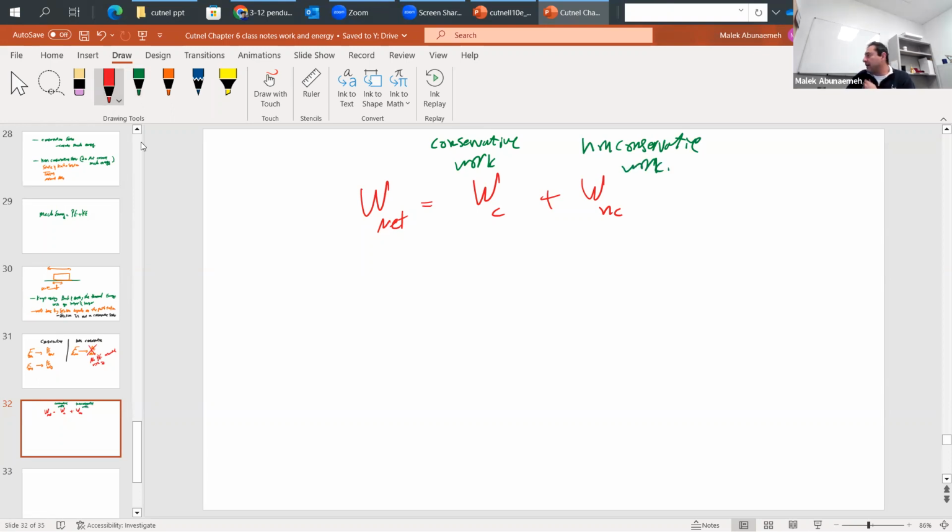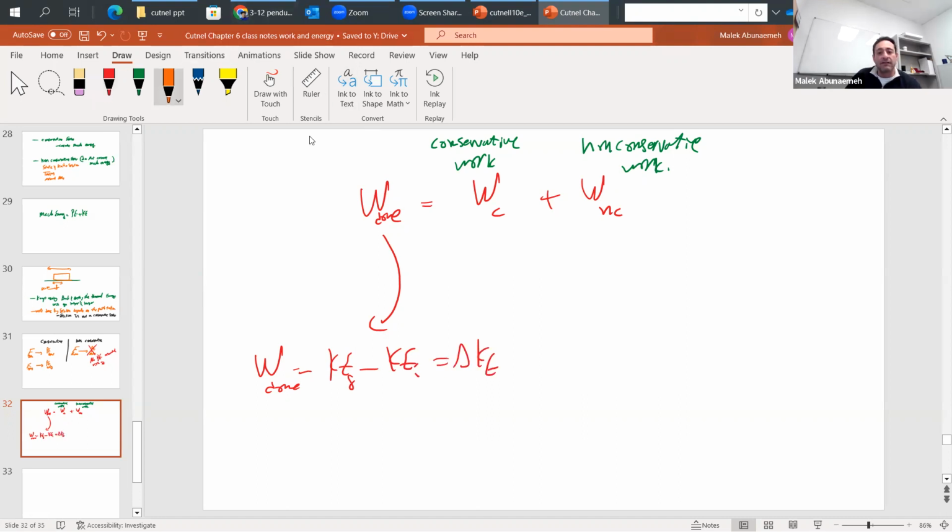And again, your work done, I'm just going to say it's the work done by the net force, is your final kinetic energy minus kinetic energy initial, which is delta KE.